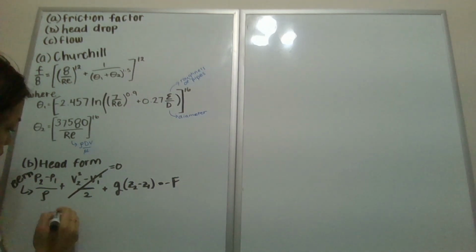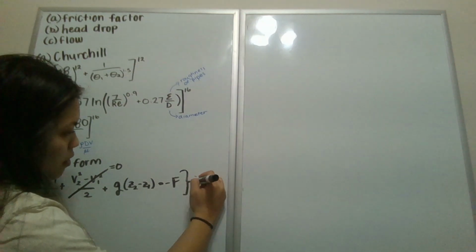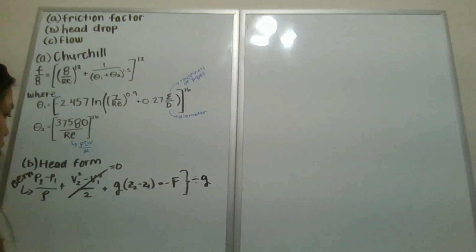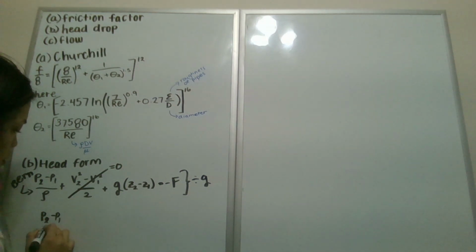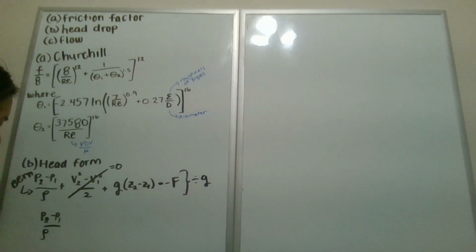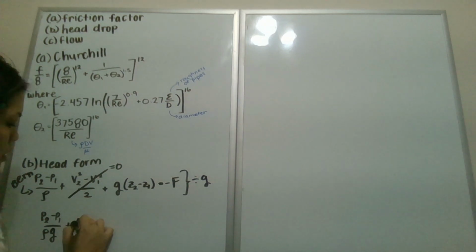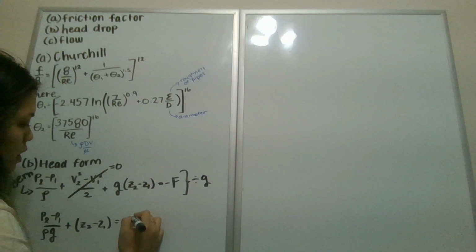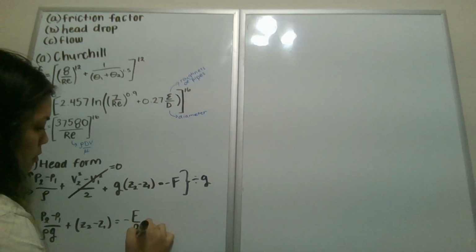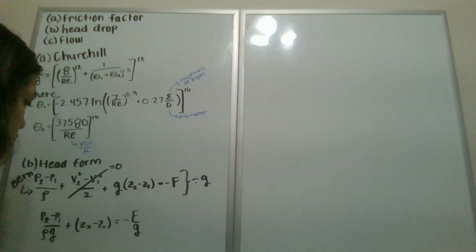To get the head form, we divide everything by the gravitational acceleration. That gives us the pressure at position 2 minus the pressure at position 1 divided by the density times the gravitational acceleration, plus position 2 minus position 1, is equal to the negative frictional heating divided by the gravitational acceleration.